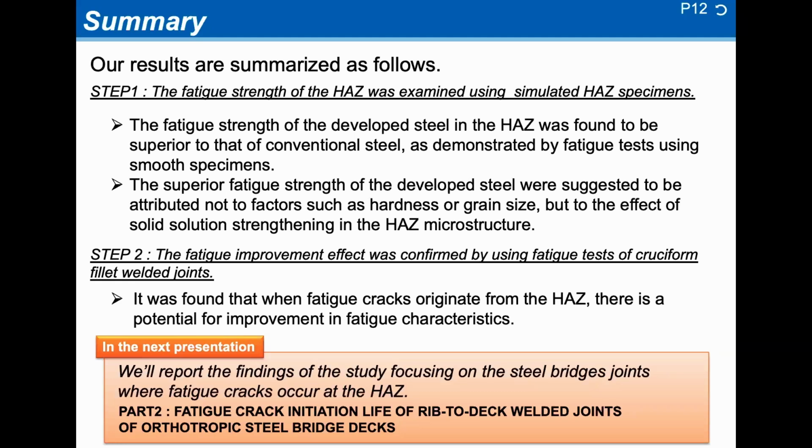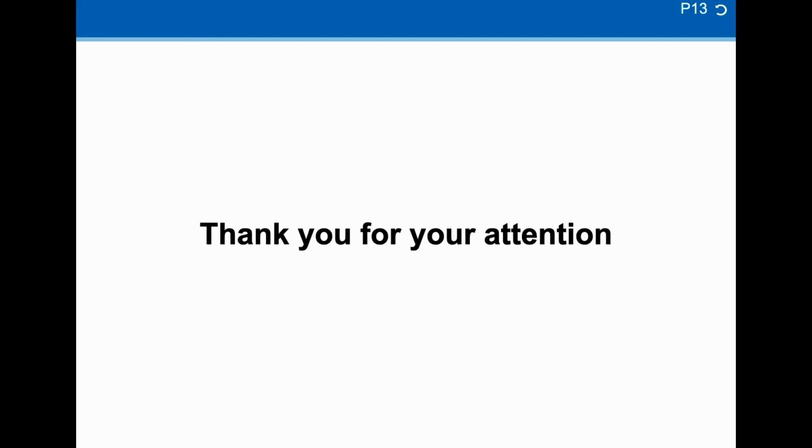Step 2, it was found that when fatigue crack originates from the HAZ, there is potential for improvement in fatigue characteristics. In the next presentation, we report the findings of study focusing on the steel bridge joints, where fatigue crack occurs in the HAZ. Thank you for your attention.